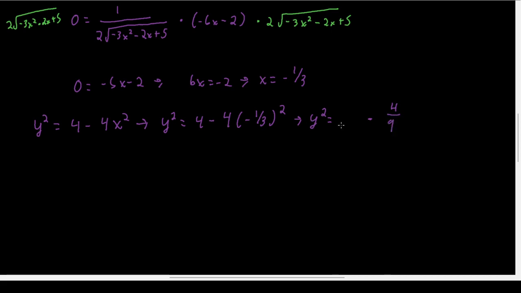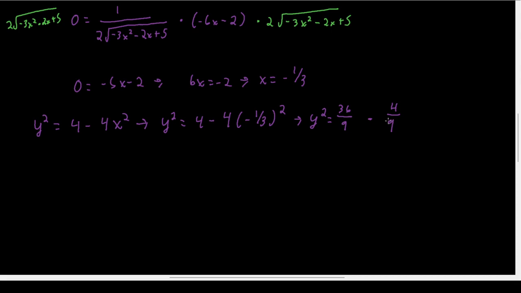And when you're subtracting fractions, you're going to want them to have the same denominator. So we're going to have to rewrite 4 in a way that will subtract easily with 4 over 9. And we can do that by just multiplying by 9 over 9. So 4 times 9 is 36. And 1 times 9 is 9.